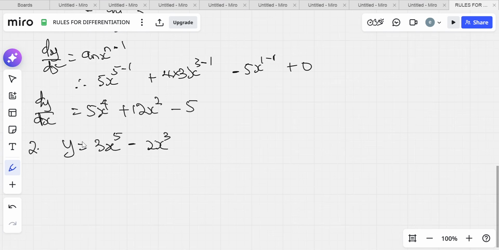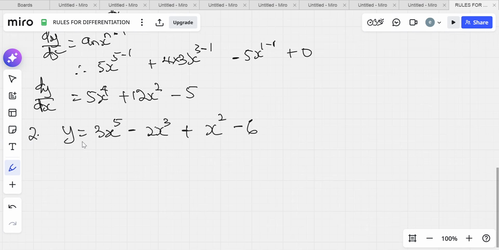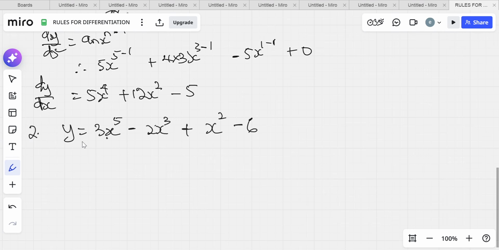You can see that the power of x will decrease, plus x to the power 2 minus 6. So this is a function, this is a function, this is a function, this is a function.